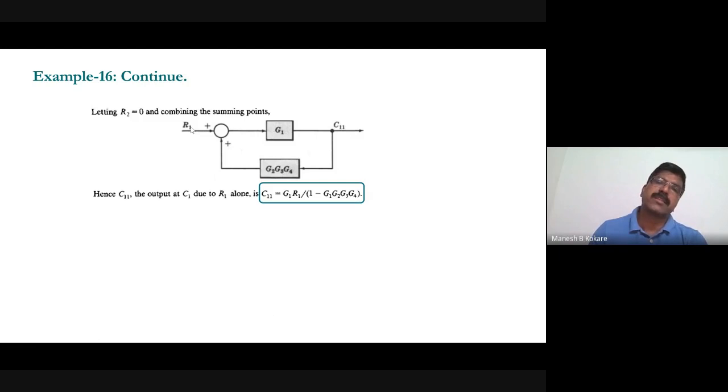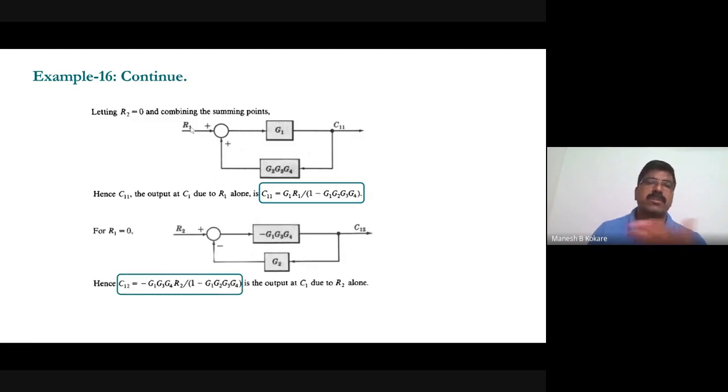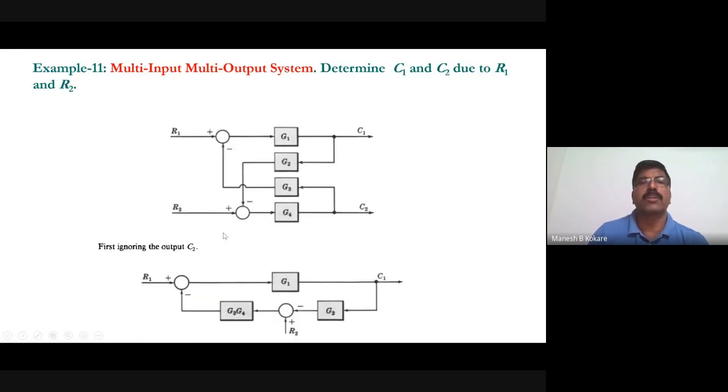Now, when you are considering the second input, this is the overall transfer function of this one. When you are considering second input, at that time, R1 will be 0, right? And only R2 will be present. And then see that if you go back to this one, when you are considering R1 as 0, and C1 is not considered, at that time only R2 and C2 are considered. So if this is 0, what will happen?